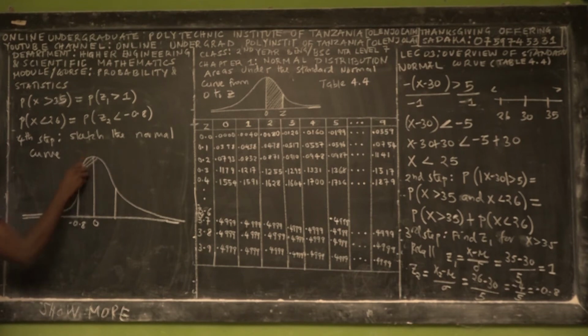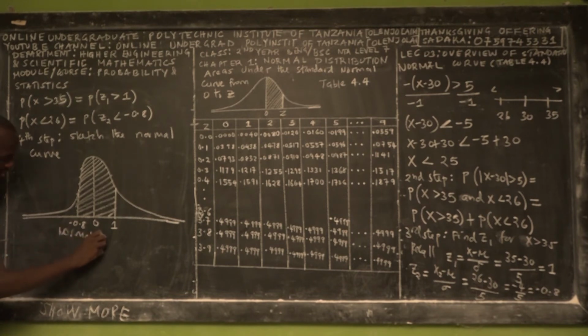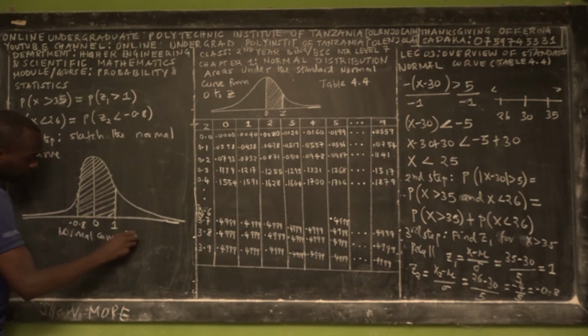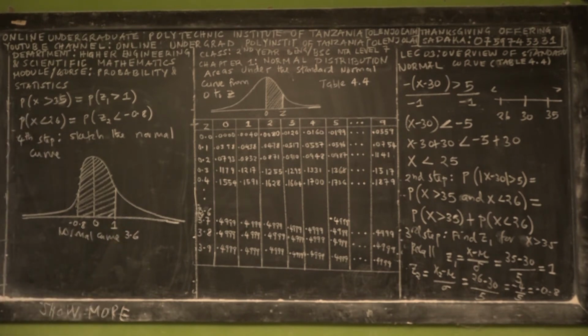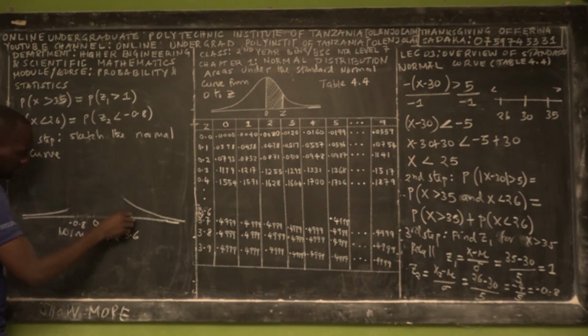So we have to find the area under the normal curve. Oh, excuse me. This is wrong. I made a mistake, excuse me.